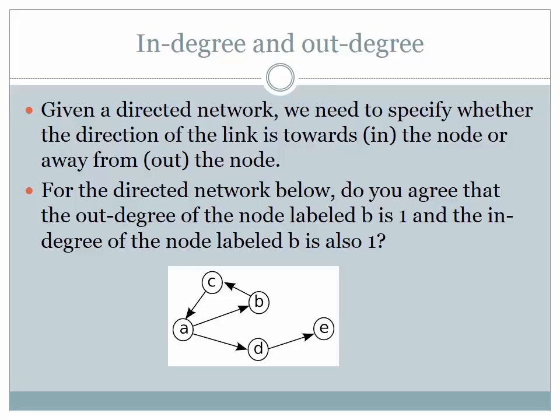So for the directed graph below, do you agree that the out degree of the node labeled B is 1, and the in degree of the node labeled B is also 1? Let's look at the node labeled A. Do you agree it has out degree 2 and in degree 1?